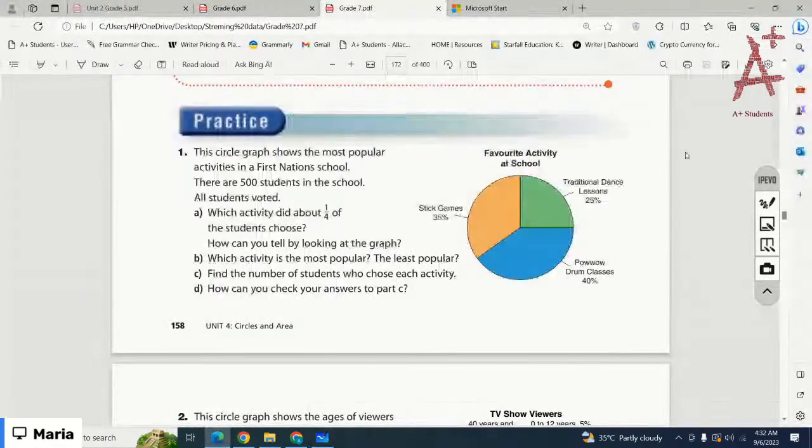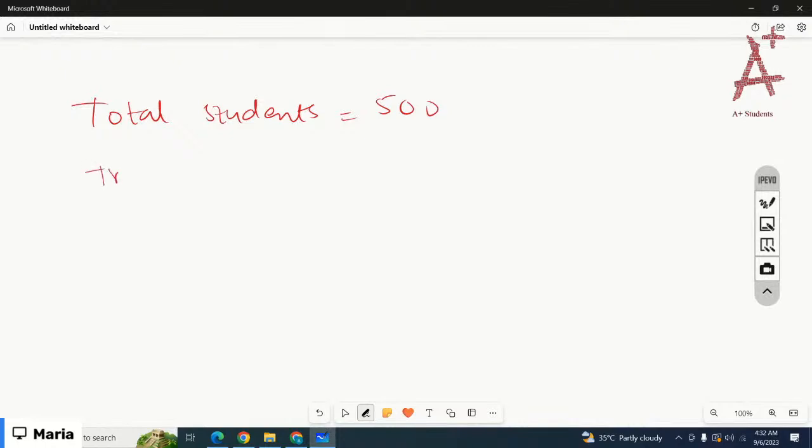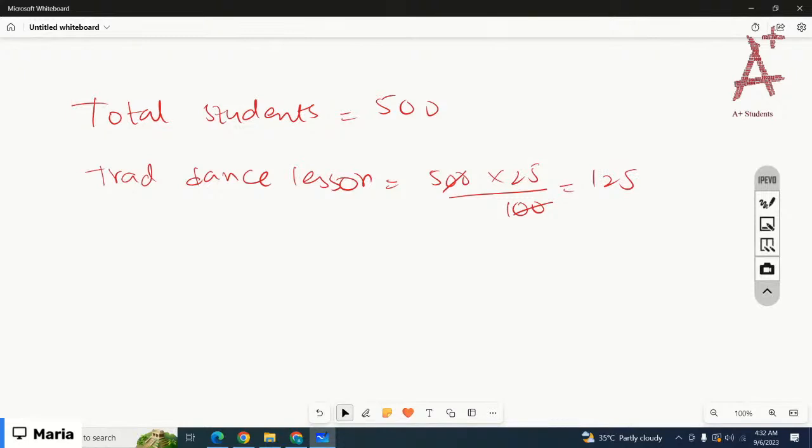The first one is traditional dance lessons, 25%. Just calculate 25% of 500. It would be 125. That means 125 of the students chose traditional dance lessons.